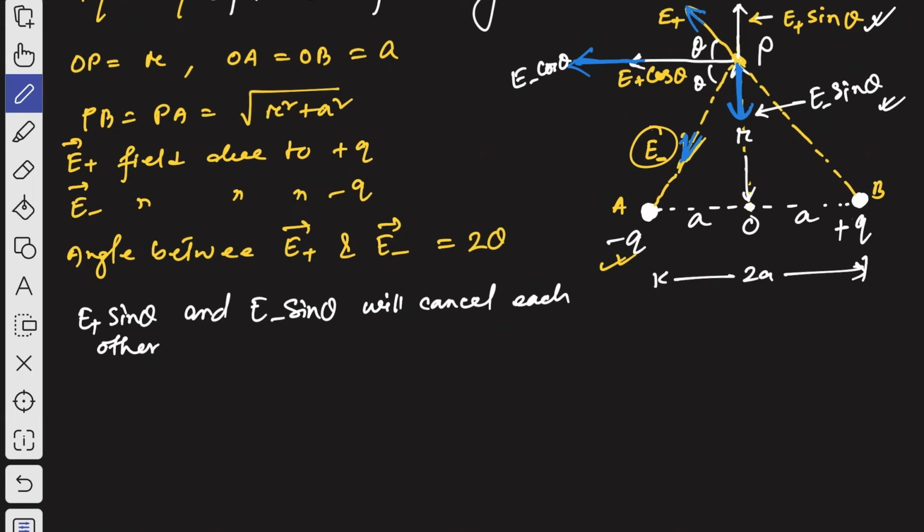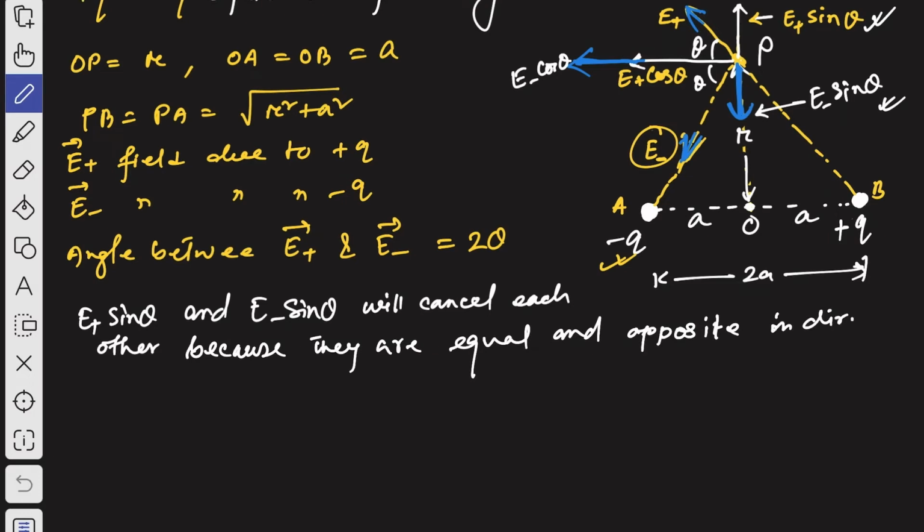Right? So now let me scroll down the page. They will cancel each other because they are equal and opposite in direction, right?